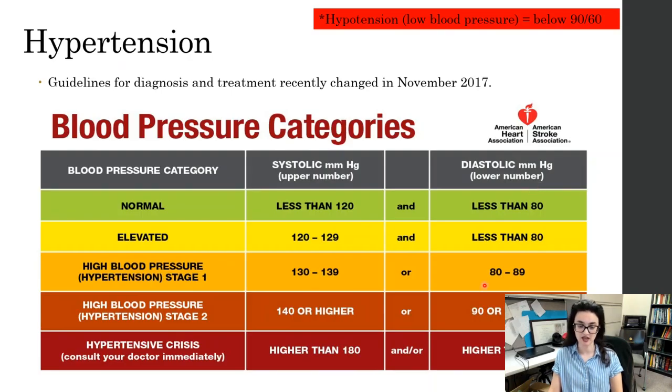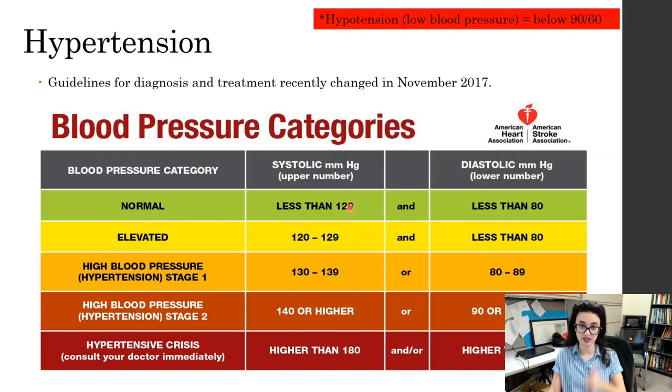But these are your guidelines for that. Elevated is between 120 and 129. Stage 1 is going to be between 130 and 139. Stage 2 is going to be over 140, and then a crisis is going to be higher than 180.